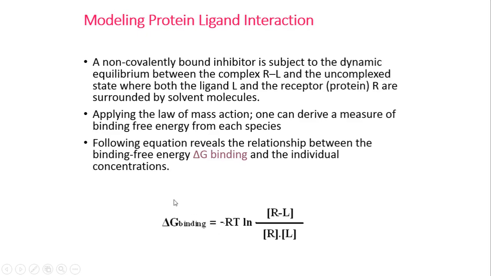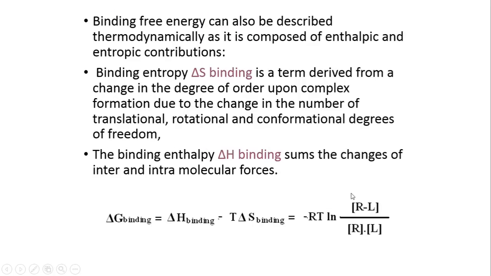So you can estimate the binding free energy when the concentrations of the individual species of the three dynamic equilibrium states are already known. Then the binding free energy can also be described in terms of thermodynamic aspects, as it is composed of enthalpic and entropic contributions.